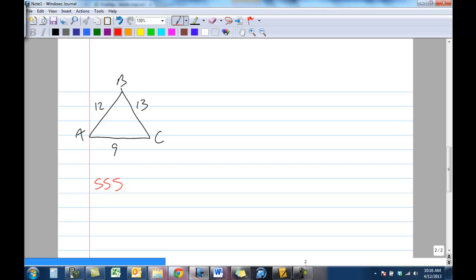Now, they didn't give us an angle at all here, so we get our choice of what you want to find. So here's the thing. We haven't used the C formula yet. Let's use the C one.